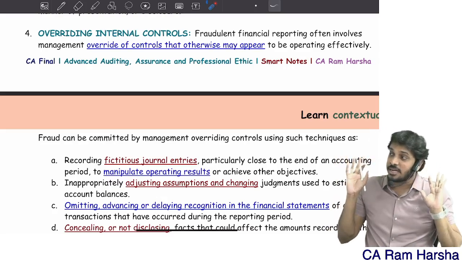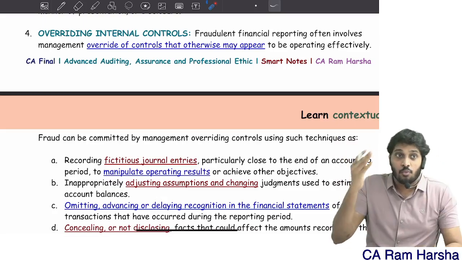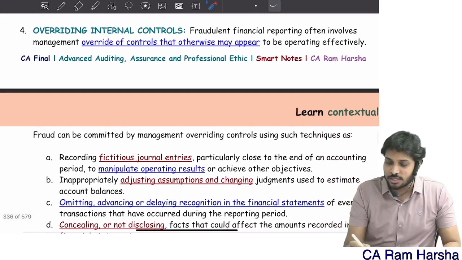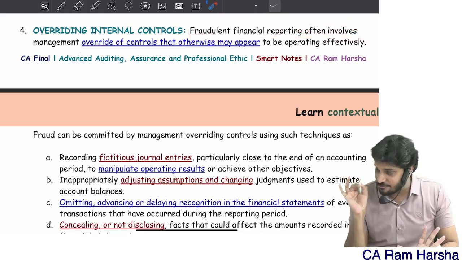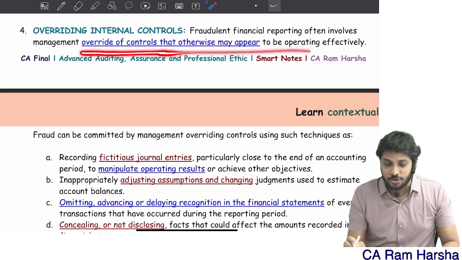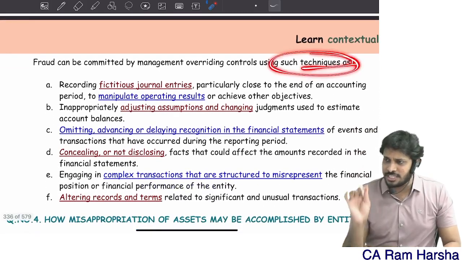How will overriding happen? What are the examples of these frauds? FFR often involves overriding of controls by using some techniques.